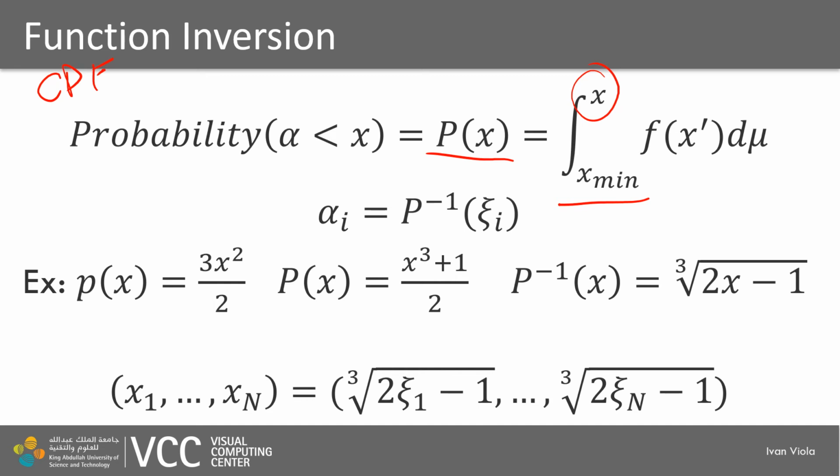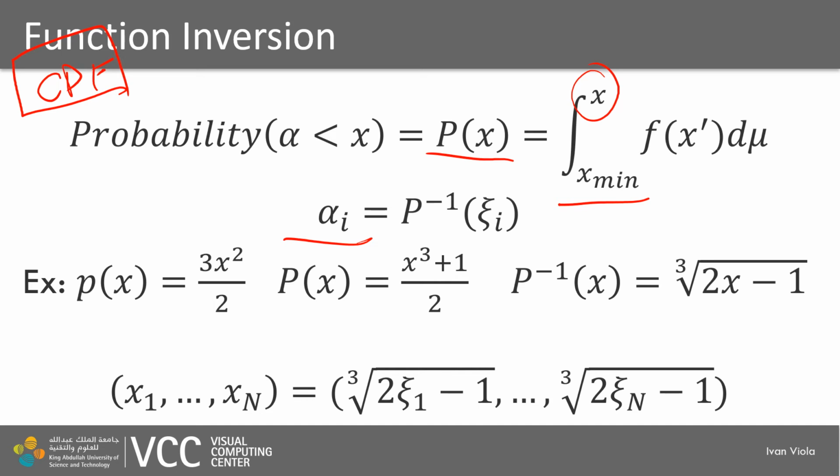What is the probability that our random variable will have a value from this range? Once we calculate this cumulative distribution function, its inverse function will give us good random samples if the input values are the canonical random variables.